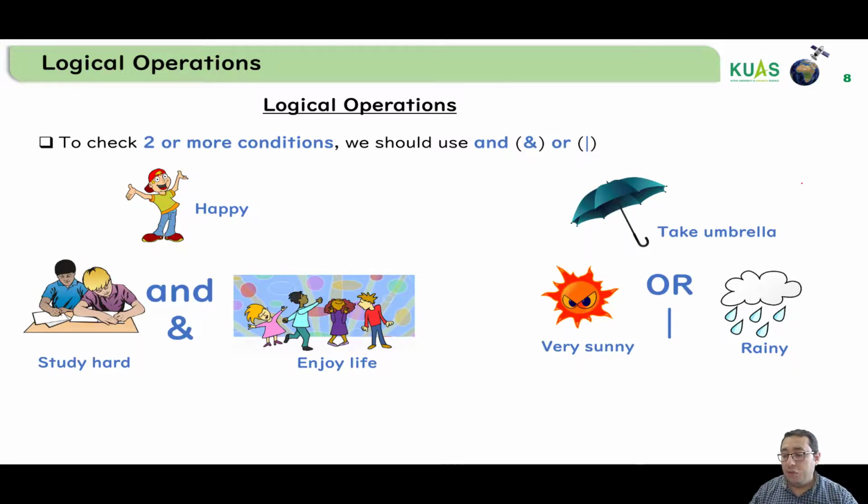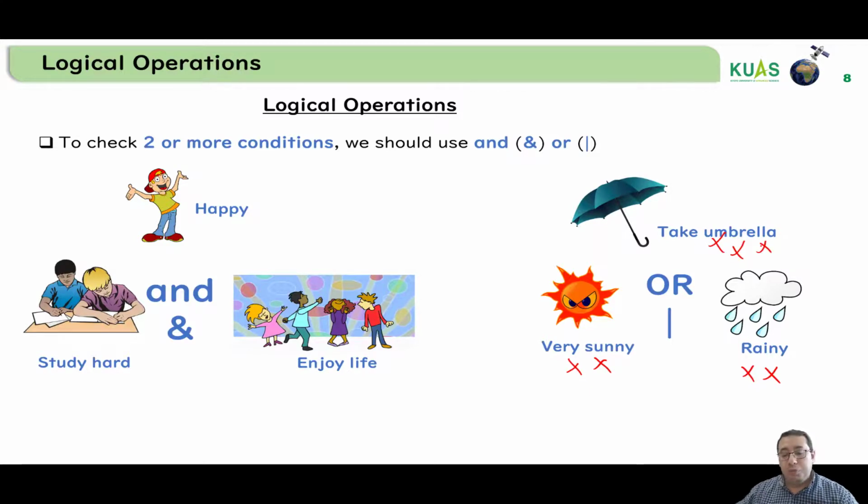What if today is just rainy, but it's not sunny, but still even one condition happened, we should take the umbrella. What if today is sunny, but there is no rain, but still I should take the umbrella? So if both cases achieved, like rainy or sunny, or even one of them, I should take the umbrella. But if it is not sunny or not rainy, I don't need to take the umbrella.